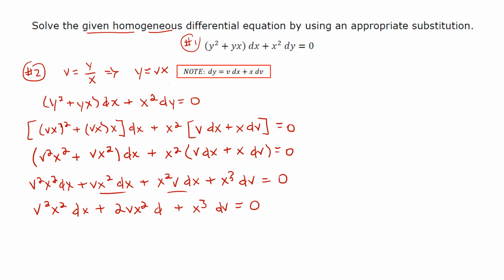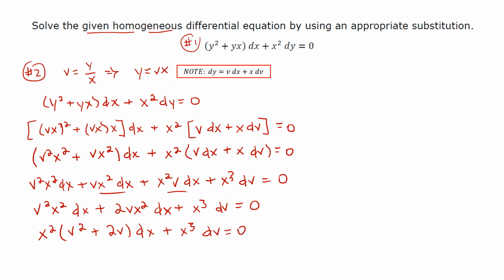Okay, so in our first two terms, we can factor out the x squared. So we'll be left with (v squared plus 2v) dx plus x cubed dv equals 0.